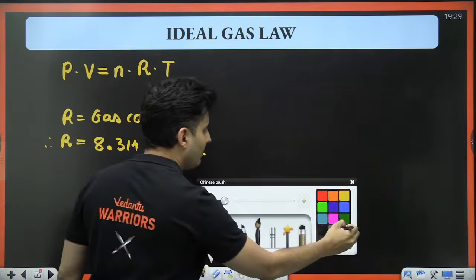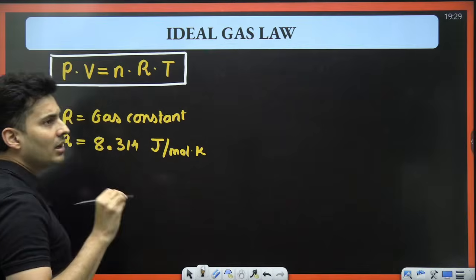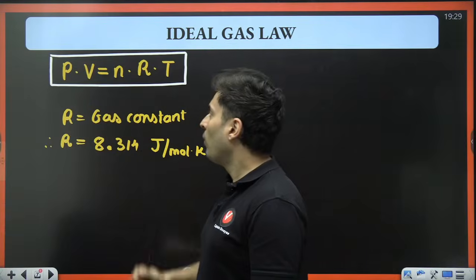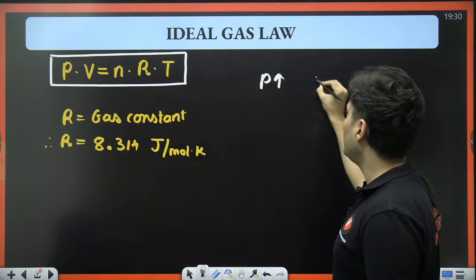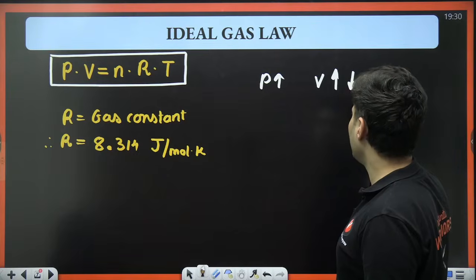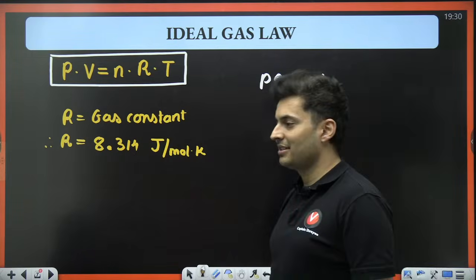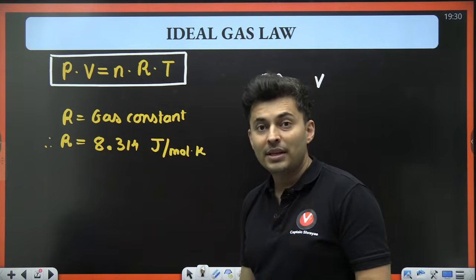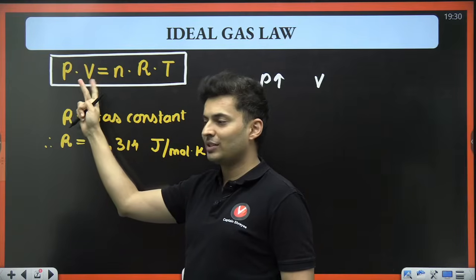And this is the main equation which tells you what will happen. Look at this equation and tell me what will happen to the volume if the pressure increases. Will volume increase, decrease, or stay as it is? Well, you might be thinking, sir, if pressure increases, volume will decrease so that their product is constant.